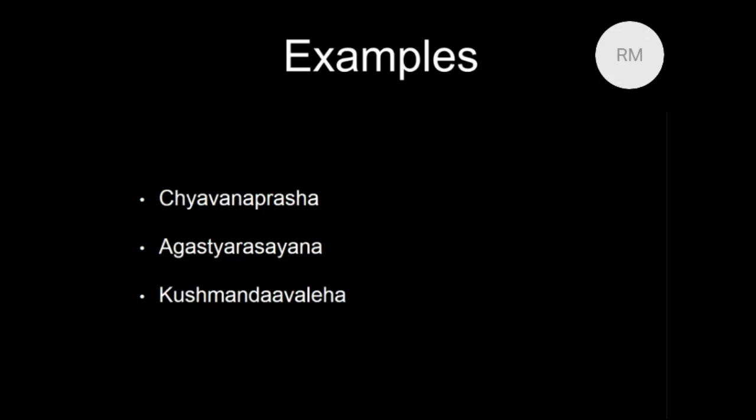Kushmandavaleha is used for strengthening the lungs. The main ingredient in this is ash gourd. Ash gourd is a vegetable, but there's a medicinal variety of ash gourd. Have you heard of ash gourd? Yes, the normal ash gourd is very big, and that's not medicinal, it's a vegetable.